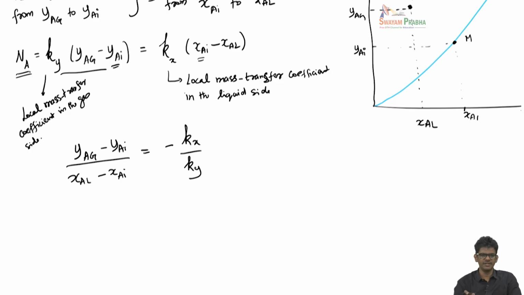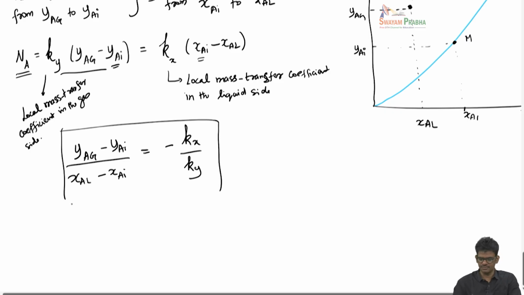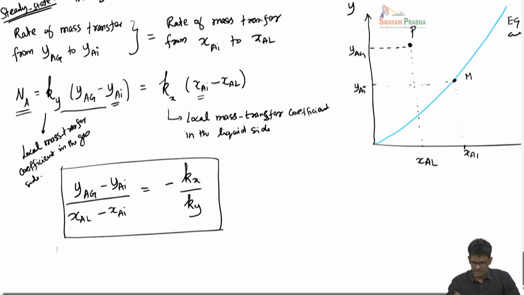So by equating these two, you can show this particular relationship. What this tells you is that this equation is an equation of a line that connects the points P and M with a slope of minus Kx by Ky.